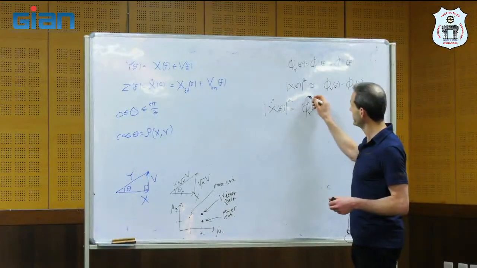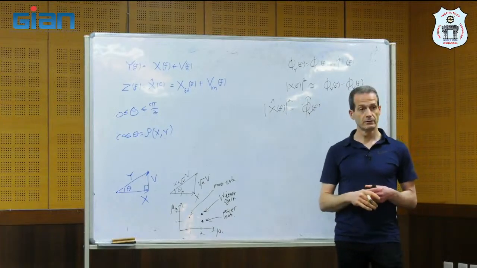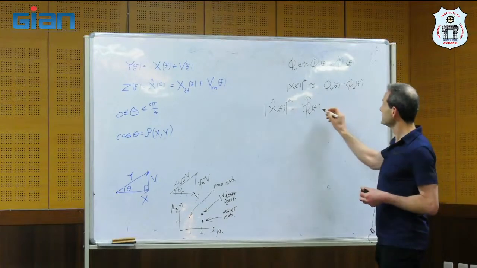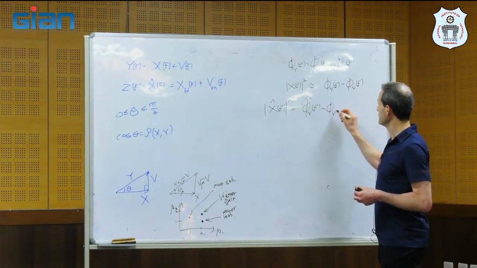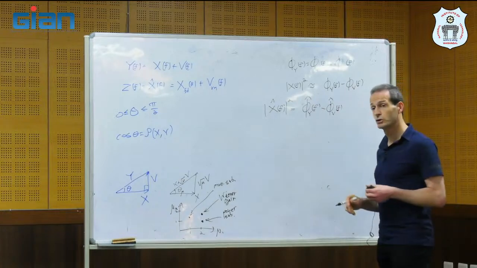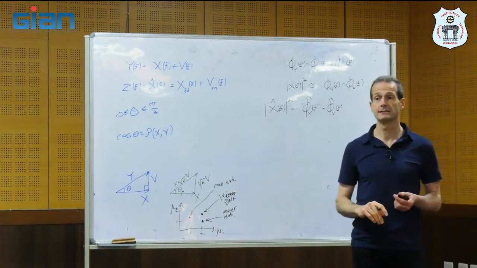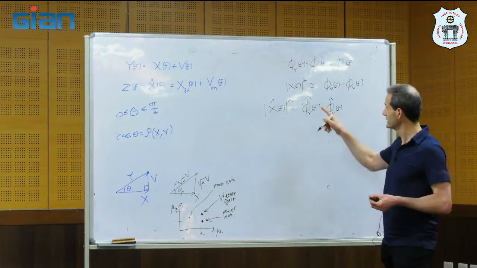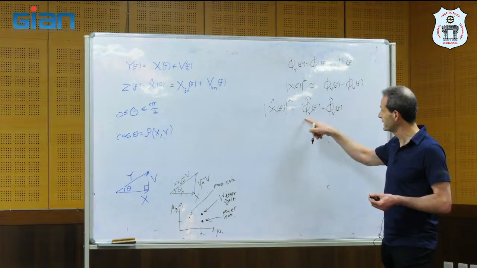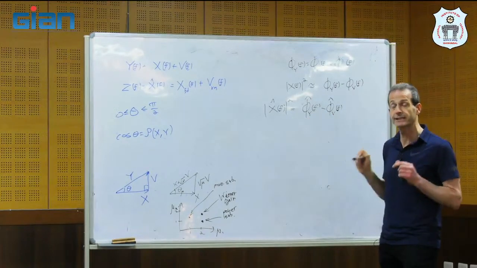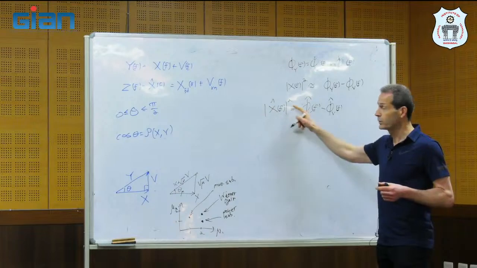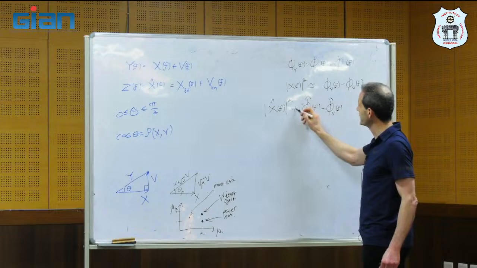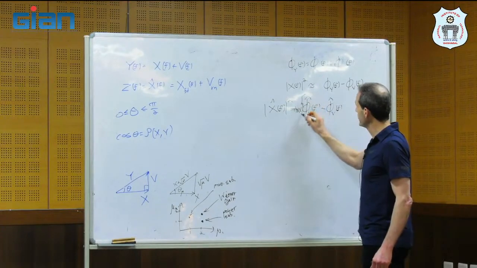So I put it here, hat, because we estimate it based on the measurement, minus phi v hat, which we also estimate from measurement. But instead of just putting this difference, because these are estimates, we don't know if this will be necessarily larger than this. And this should be a positive number. So we must add something, so we put here max between this and 0.